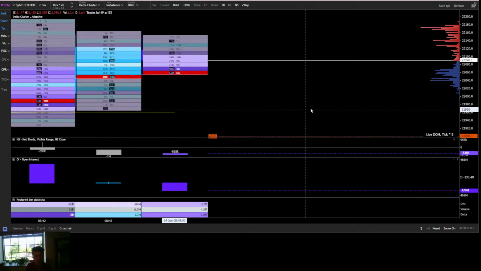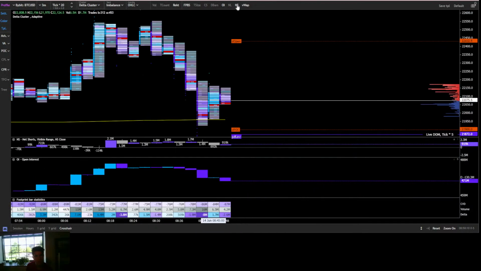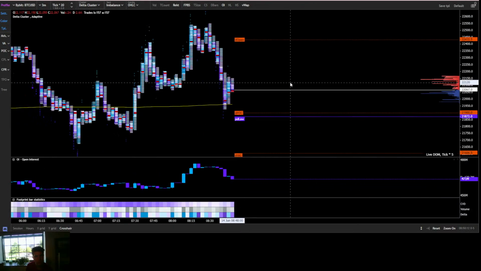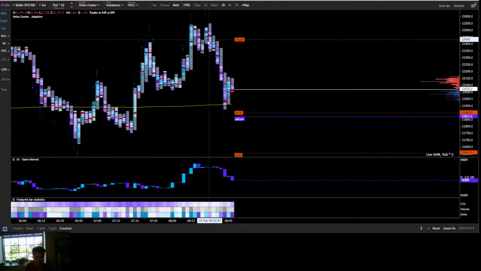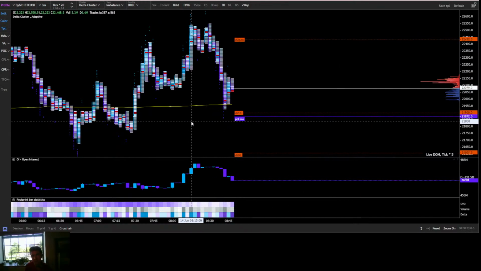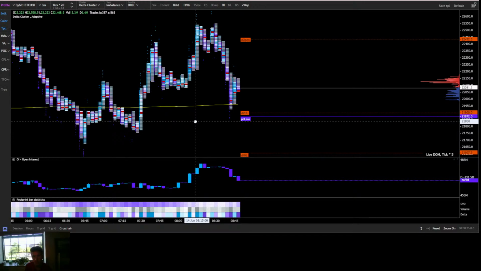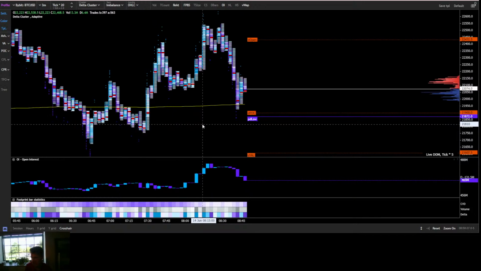Again, the market participation right now is kind of resetting. So this is a locally weak move down. It's hard to analyze it all the time on the 3-minute time frame.